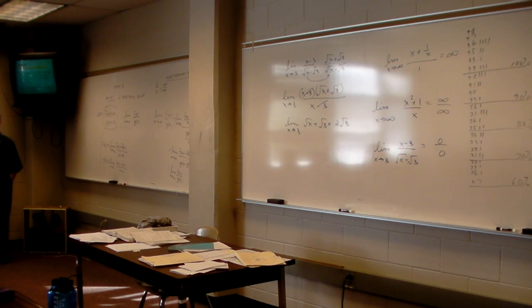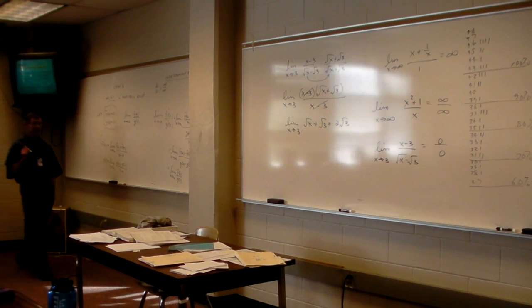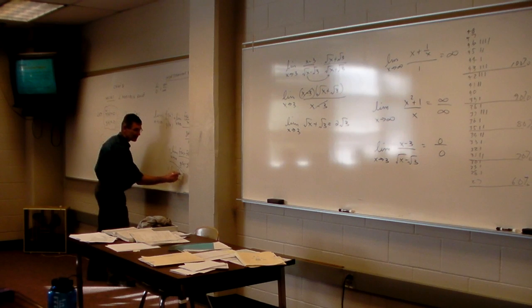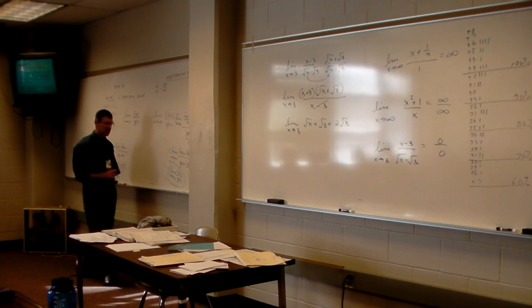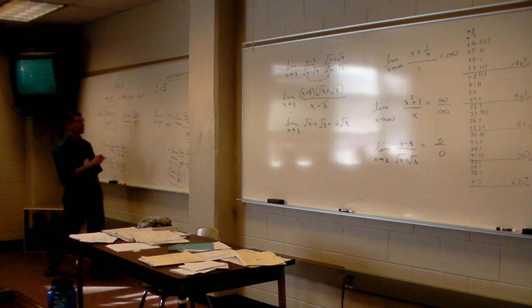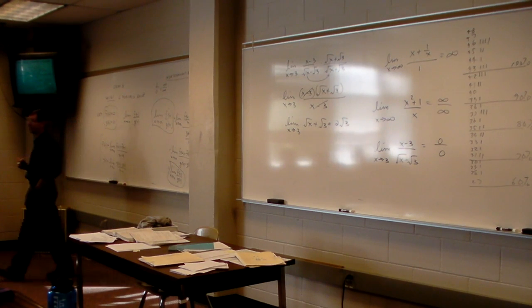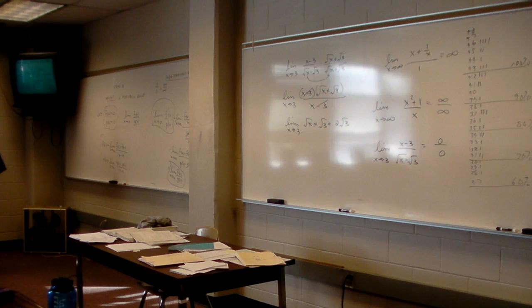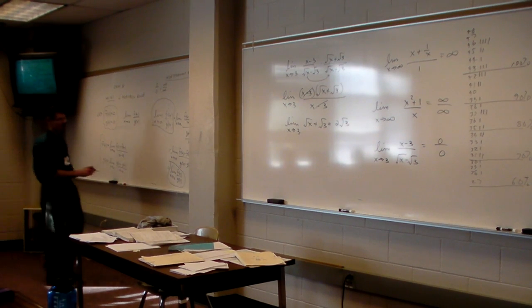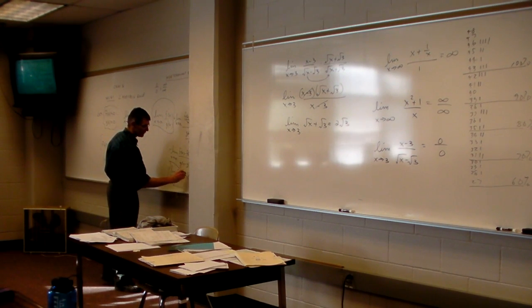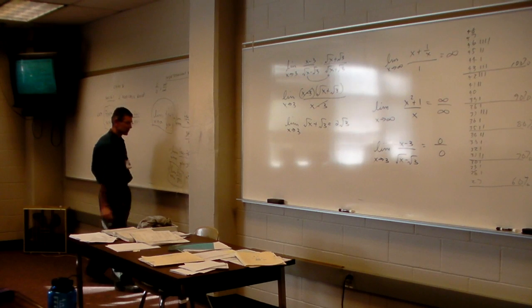All right, now what did that just tell us? It just told us that the limit of a function over a function equals the limit of the derivative over the derivative if this equals 0 over 0.